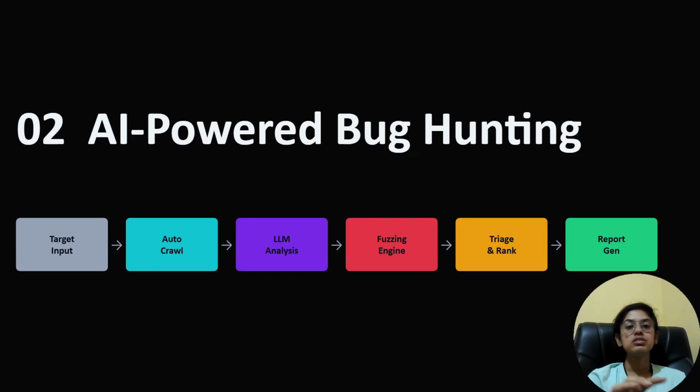Next it will generate a report. This is what most AI tools follow. For example, Claude Mythos at present is one of the most powerful AIs, right? So those all follow the same methodology.